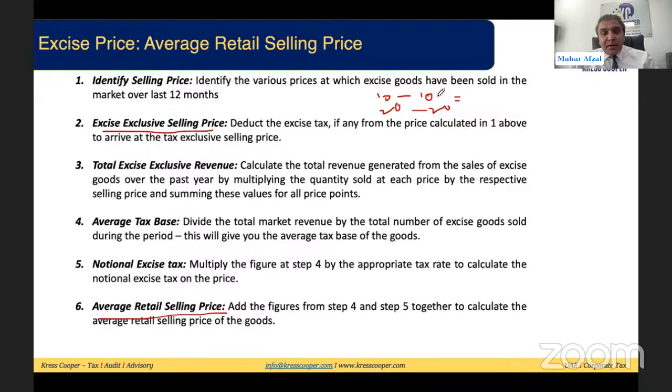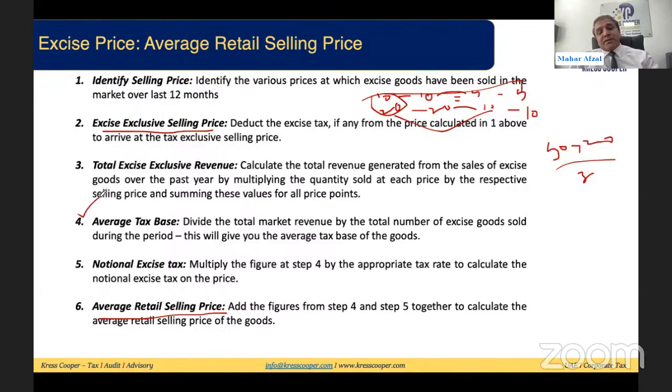You need to remove the excise duty, assuming excise is 5 here and 10 there. The remaining price will be 5 and 10. Multiply 10 by 5, which is 50, plus 20 by 10, which is 200, total 250. Total quantity is 20 plus 10, 30. 250 divided by 30, you will get one average price.